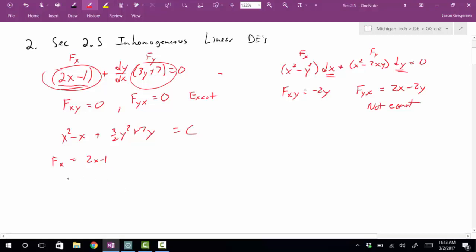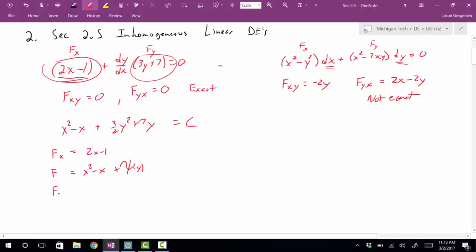Integrate both sides with respect to x. I get f is equal to x squared minus x plus psi of y. Calculate the partial of that with respect to y, and I'll be left with just psi prime. I can then compare this f sub y with this f sub y.